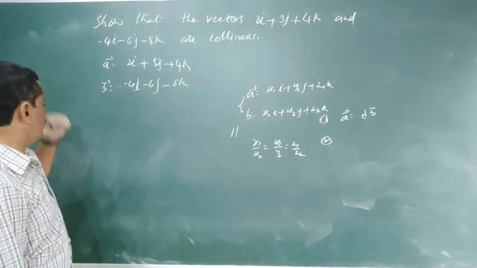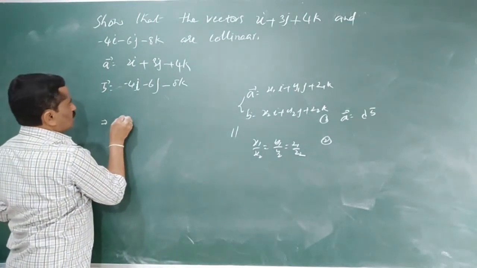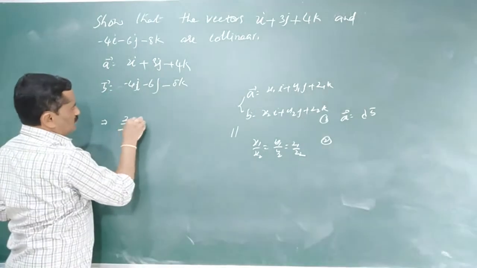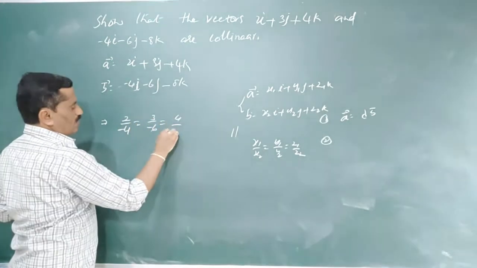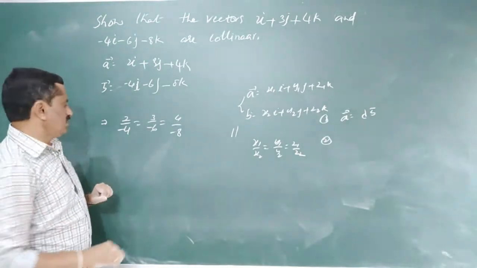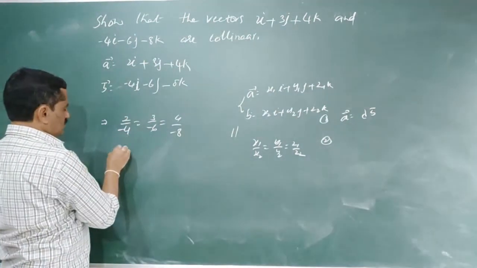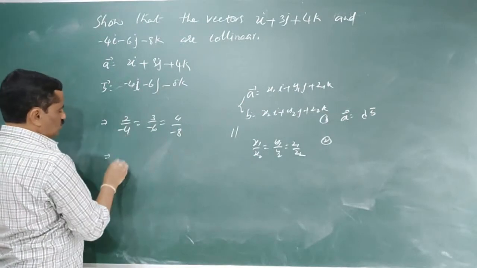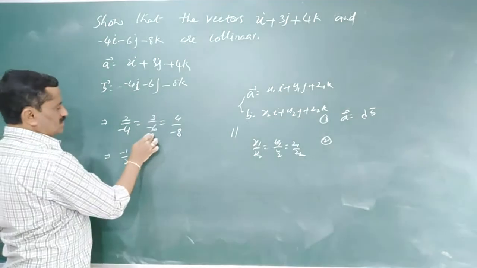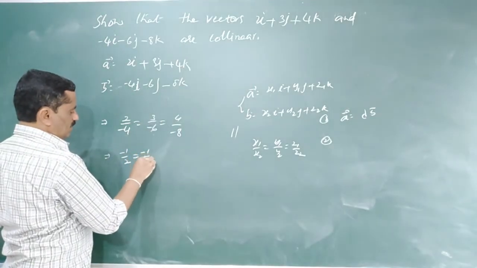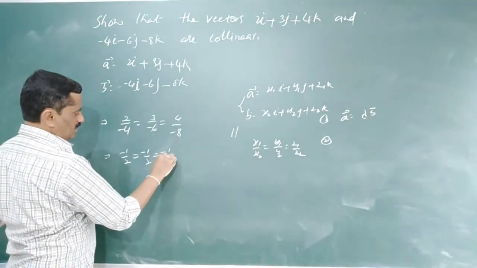Okay, therefore here what are the corresponding components? That implies 2 divided by minus 4 is equal to 3 divided by minus 6 is equal to 4 divided by minus 8. Here we have 2 by 4, 2 ones are 2, 2 fours are 1, minus 1 divided by 2, again that is equal to 3 ones are 3, 3 twos are 6, minus 1 divided by 2, that is equal to 4 ones are 4, 4 twos are 8, minus 1 divided by 2.